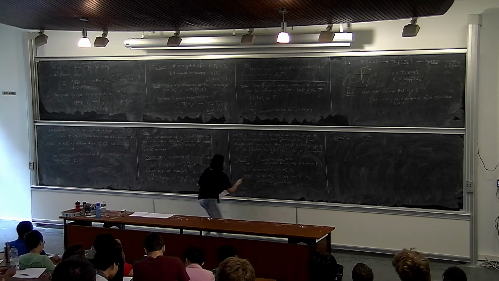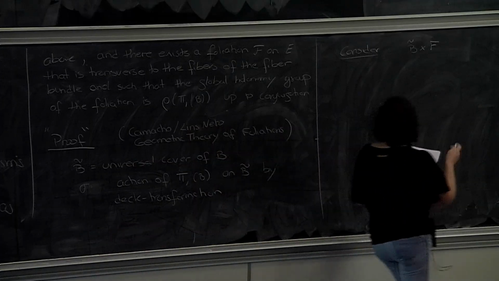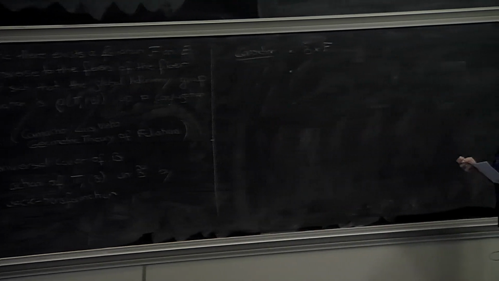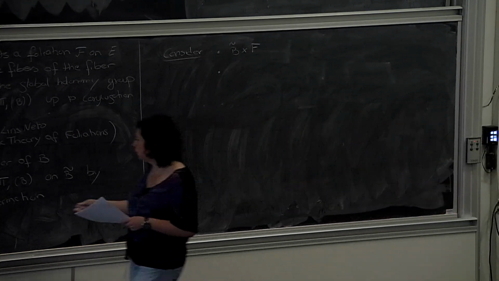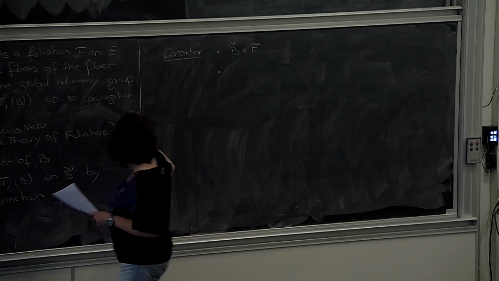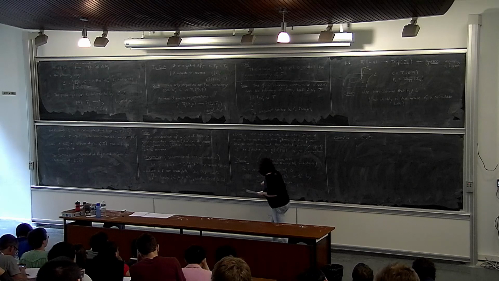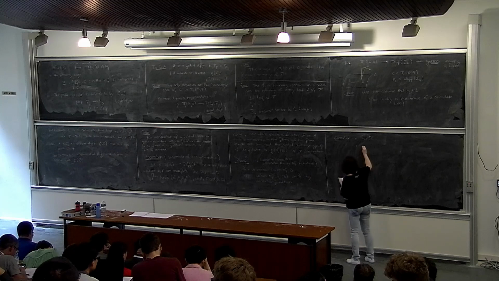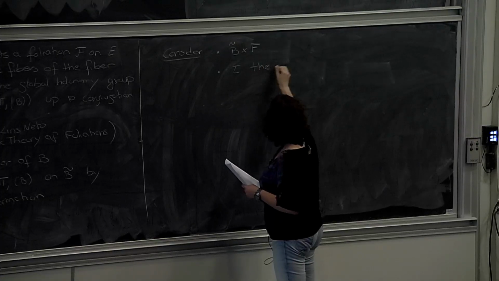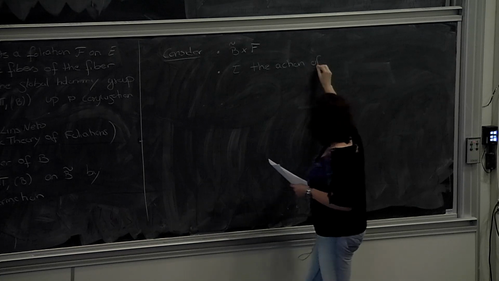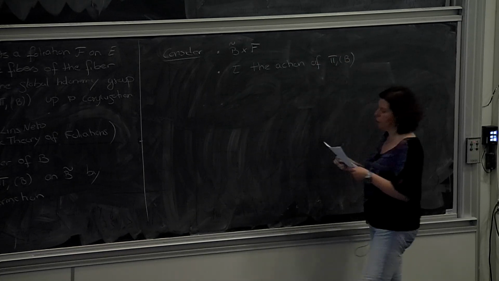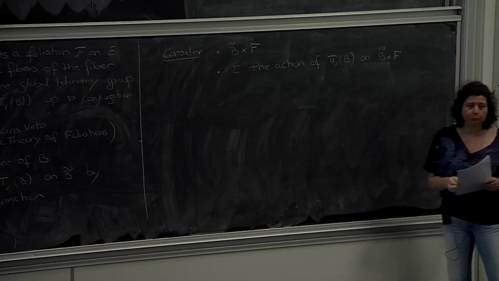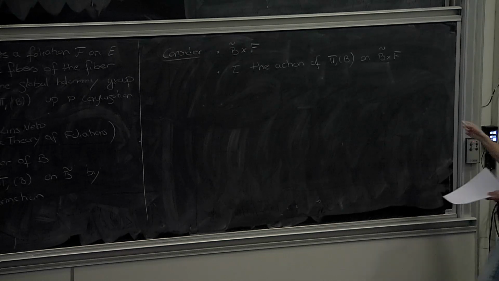I was going to use sigma here, but I can use another notation. So let us denote by tau the action of the fundamental group of B on B tilde times F, that is defined in the following way.